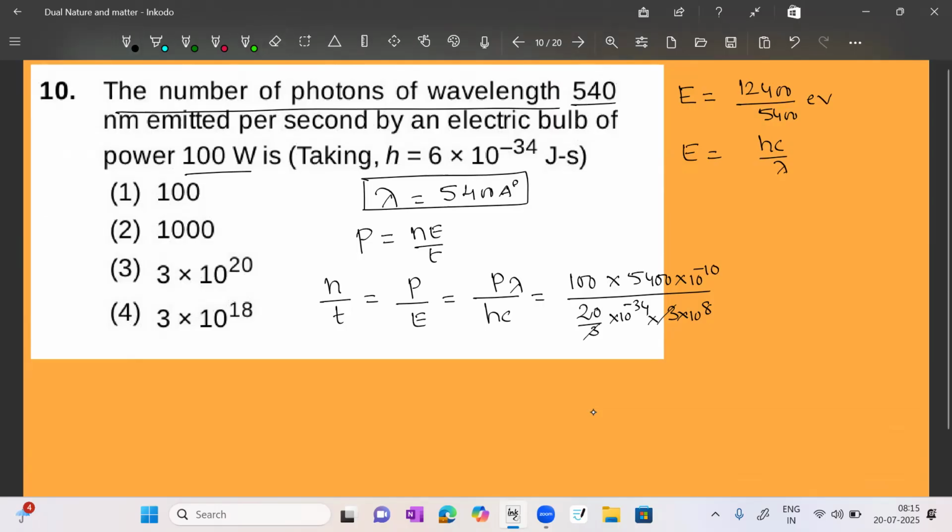So you will get 3 into 10 power 20 as the answer.